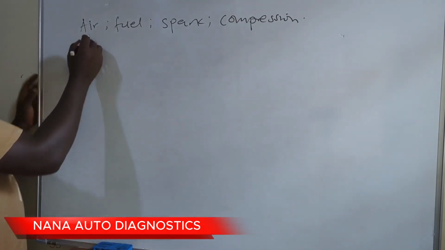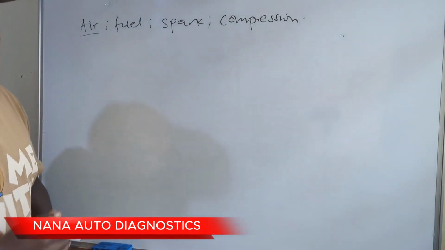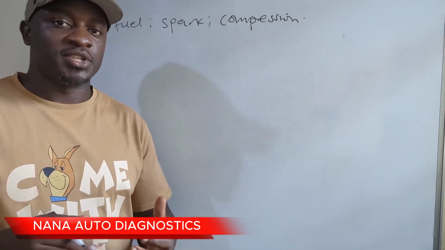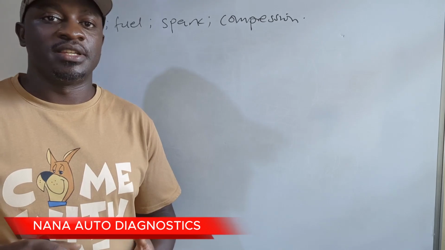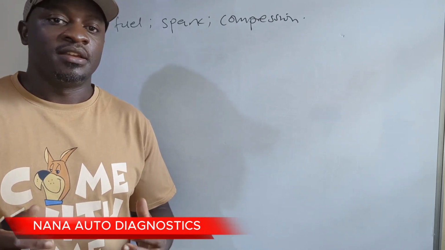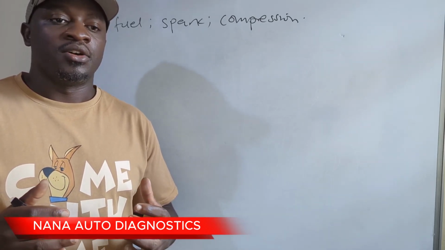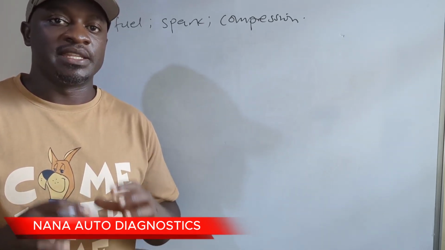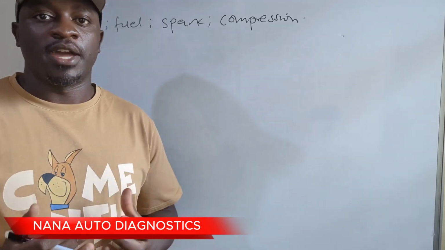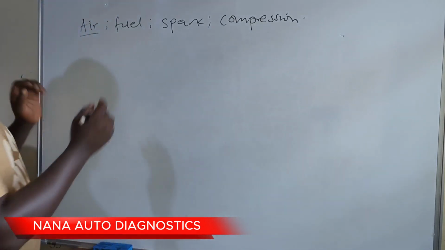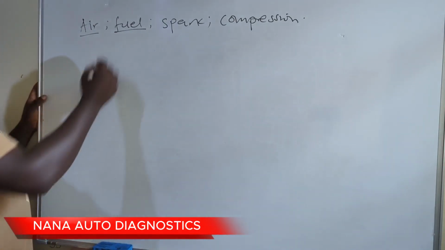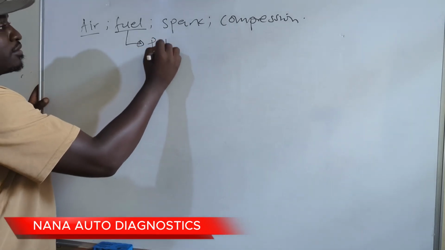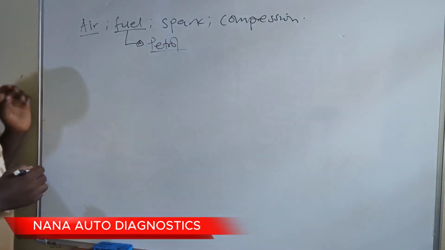So let's begin with air. Now, the component in air that is utilized in the combustion of fuel is oxygen. And oxygen occupies around 23% by mass of the entire mass of air. And for the fuel, I'm going to take petrol as a case study here.